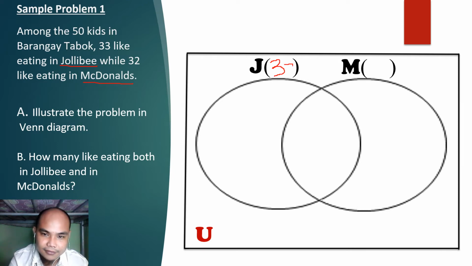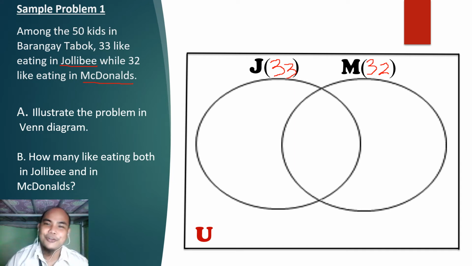Just bear with my handwriting here. How about McDonald's? There are 32 who like McDonald's. Meaning, on this first circle there are 33 kids who like Jollibee, and on this circle there are 32 who like eating in McDonald's. That's our illustration for our Venn diagram.